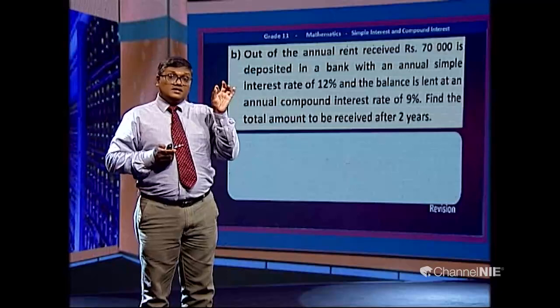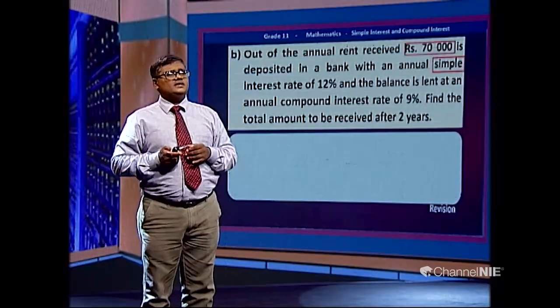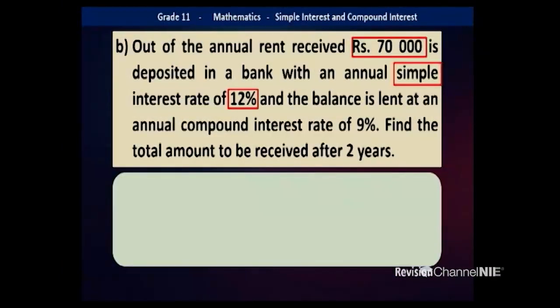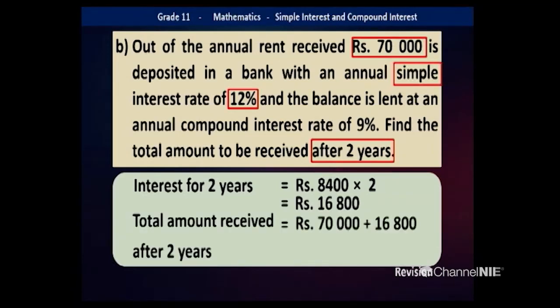Then they are asking it for 2 years. Then how to do that? That amount 70,000 into 12%, we got an answer. That answer should be multiplied again by 2. Then you get 2 years interest income 16,800. Now remember the principal amount. It was 70,000.